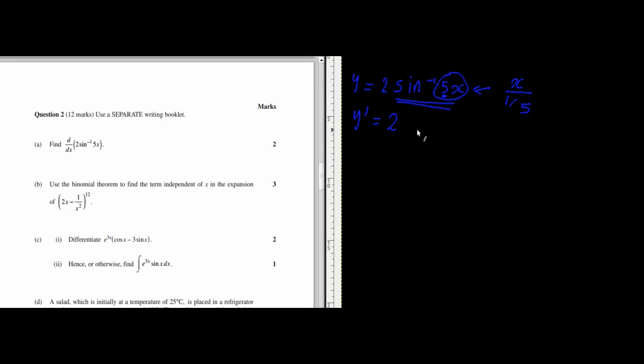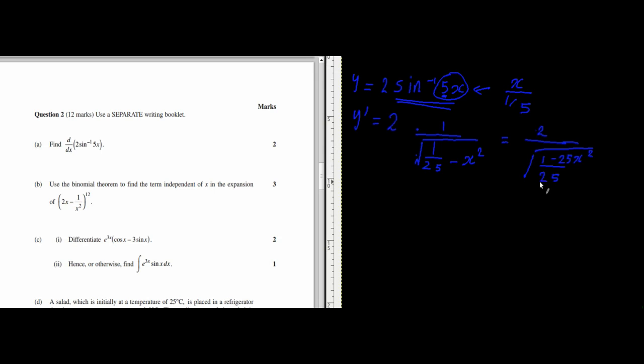So what we're going to have is 1 on square root of 1 on 5 squared, so it's going to become 1 on 25 minus x squared. Okay, so that's pretty much your answer. Now it's best to simplify this a bit, so I can rewrite this as 2 divided by everything on 25, 1 minus 25x squared, right?